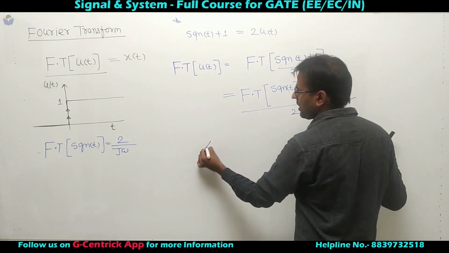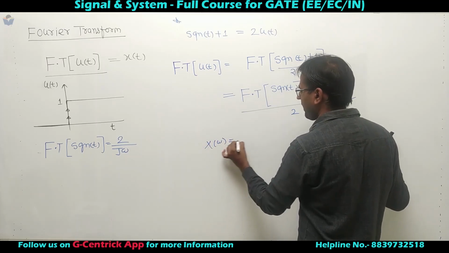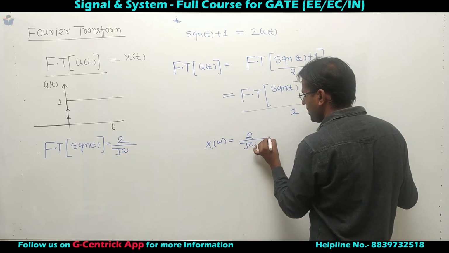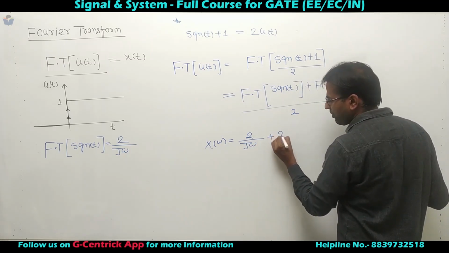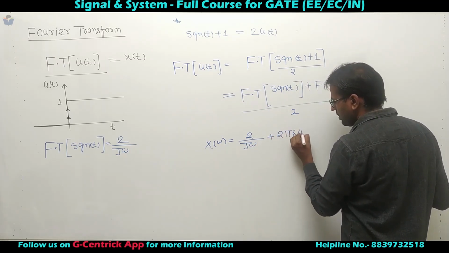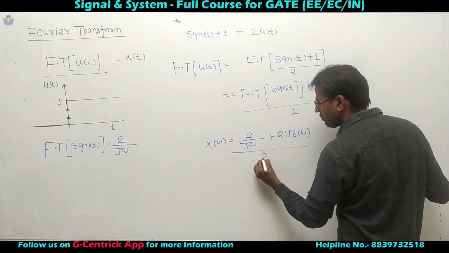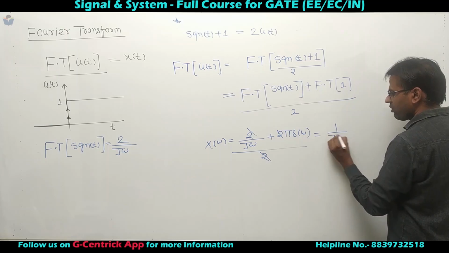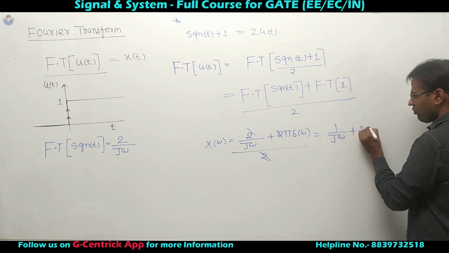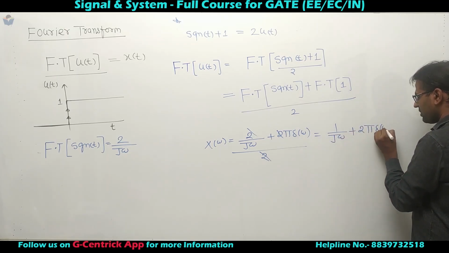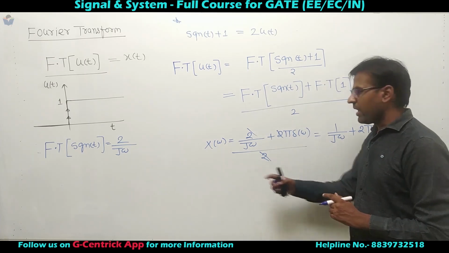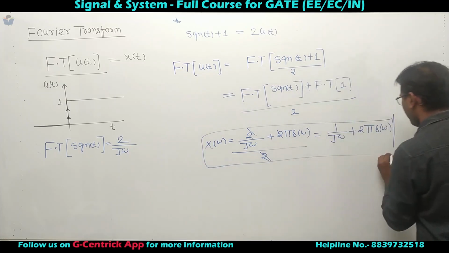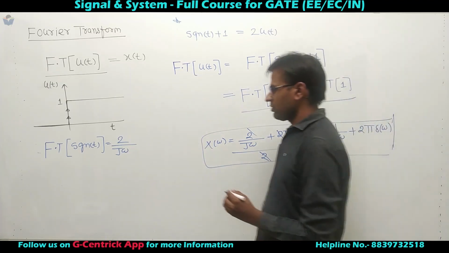So the Fourier transform of signum t is 2 divided by jω, plus the Fourier transform of 1 which is 2πδ(ω), this whole divided by 2. So the 2s cancel, and it's 1 divided by jω plus πδ(ω). So this is the Fourier transform of u(t).